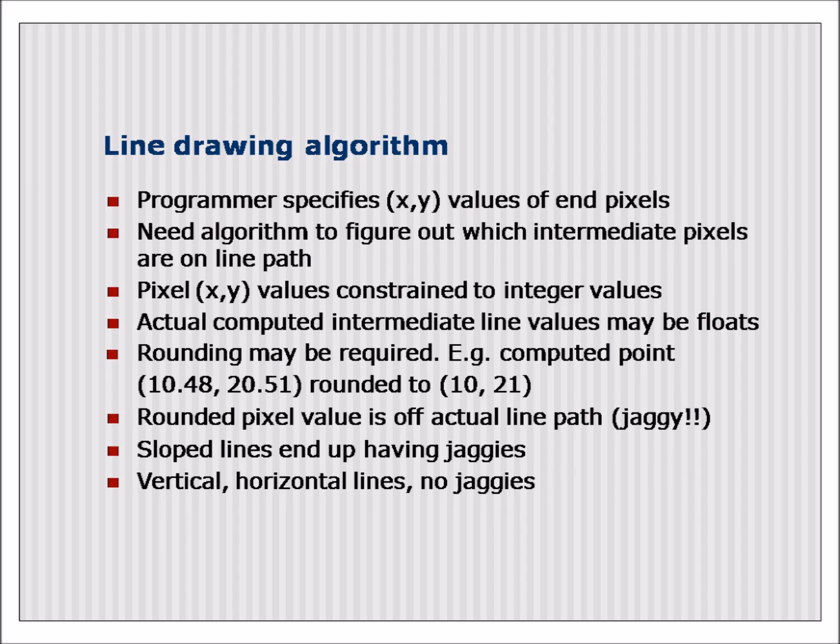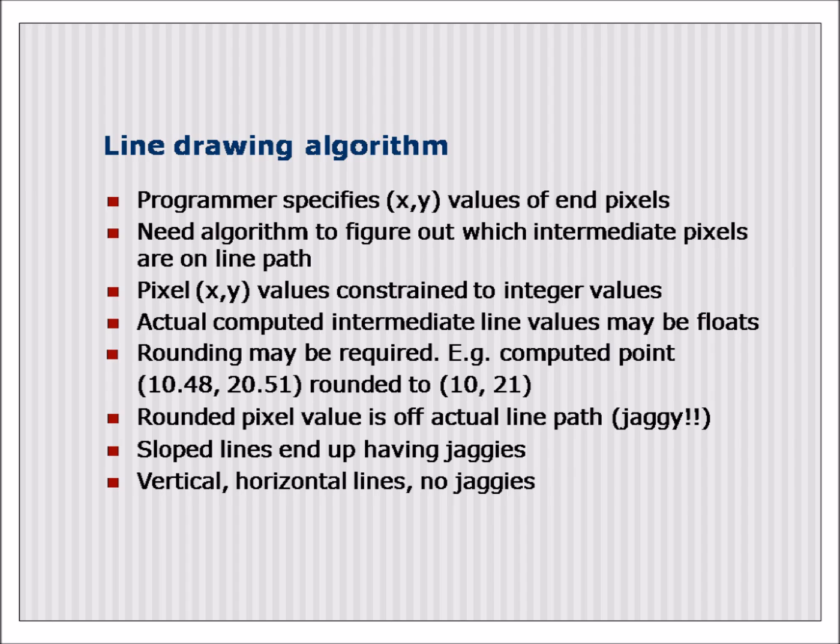Then number three, pixel x, y values are constrained to integer values, because number four, the actually computed intermediate line values may be floats. Then number five, it is required to round them as per requirement. For example, the computed point 10.48, 20.51 is rounded to 10, 21.